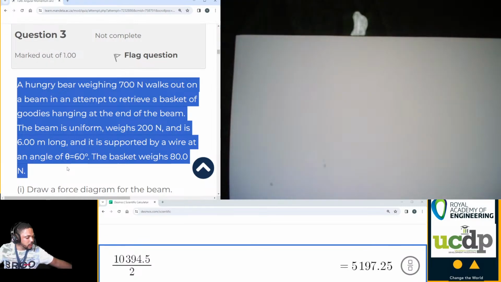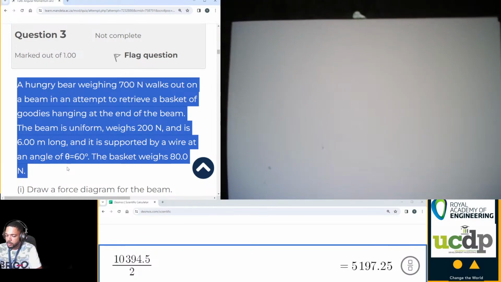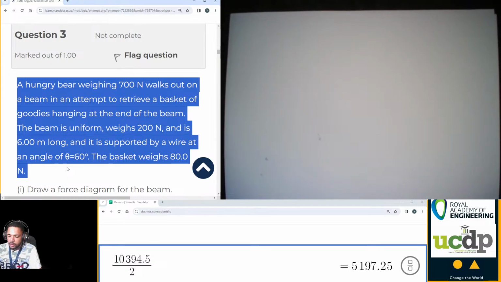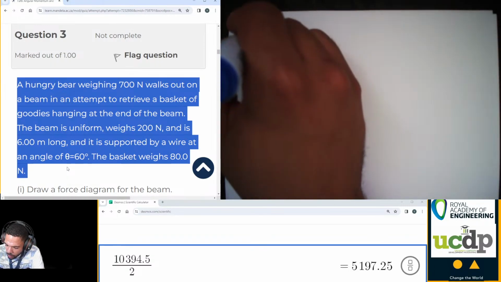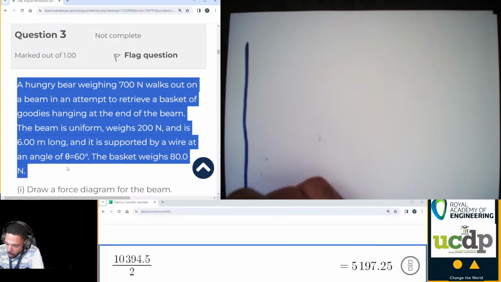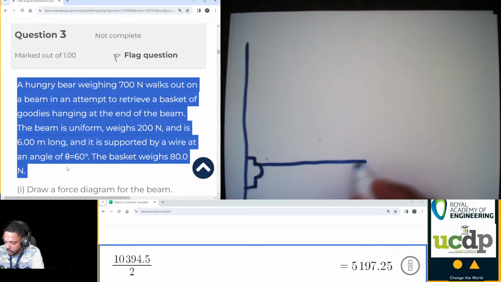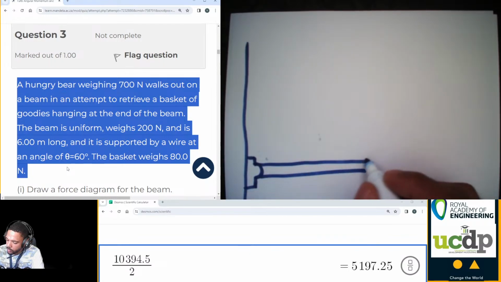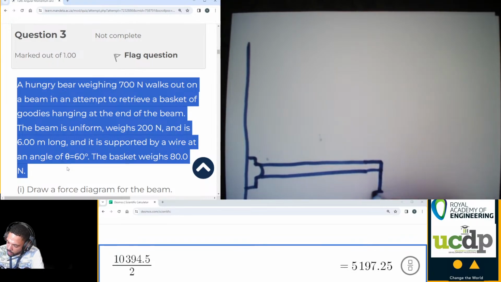Let me redraw the bear. There we have a beam, and at the end of this beam, they tell us there's a basket of goodies hanging.